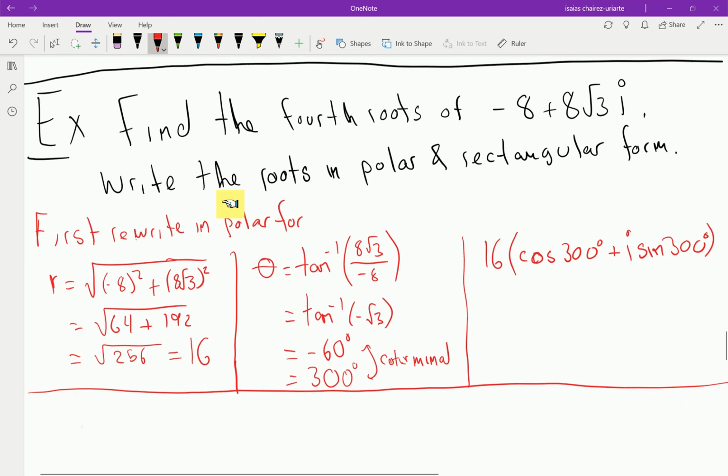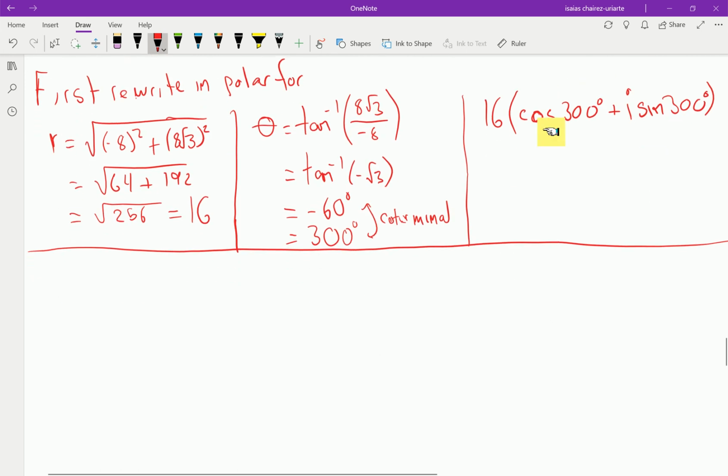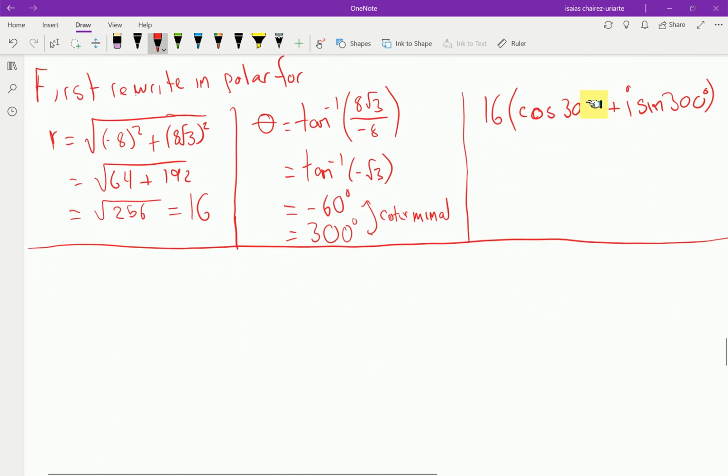Now the problem asks us to find the fourth roots of this value. So I want to find the fourth root of my complex number. So the fourth root of 16 cosine 300 plus i sine 300.